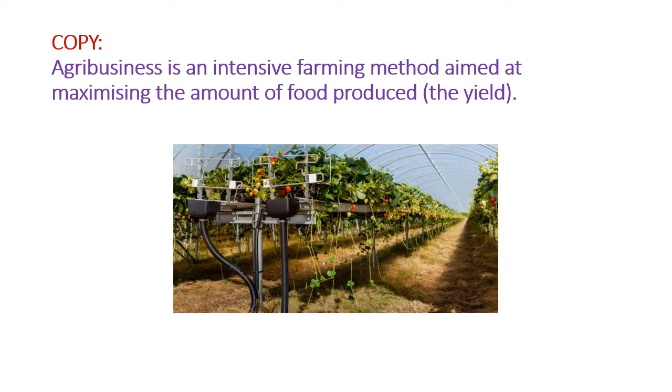Okay, so let's move on to the slightly more meaty agribusiness. Copy that definition. Agribusiness is an intensive farming method aimed at maximizing the amount of food produced, otherwise known as the yield. In the photo there, you can see a strawberry farm, and you can see that we're in some kind of greenhouse. We've got these trays, these raised trays, packed full of plants, and there will be technology in this greenhouse.